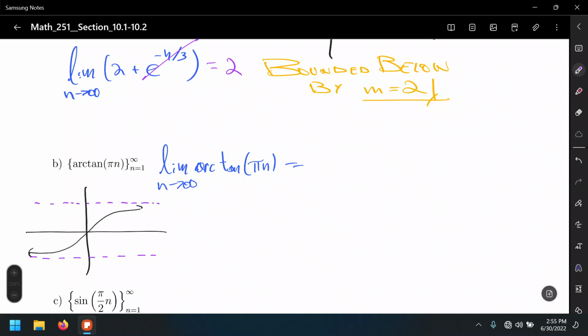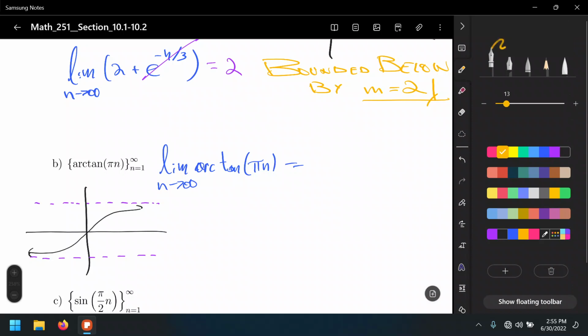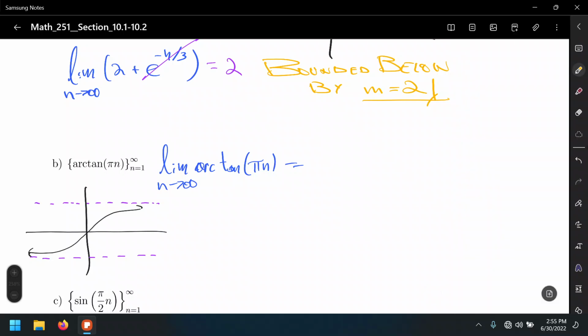All right. Now, looking at the graph of arctan and computing the limit, of course, what's the limit? Pi over 2.